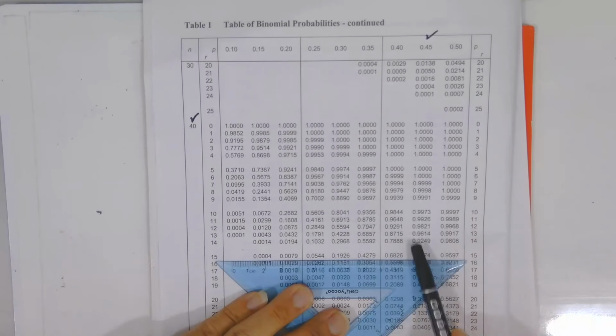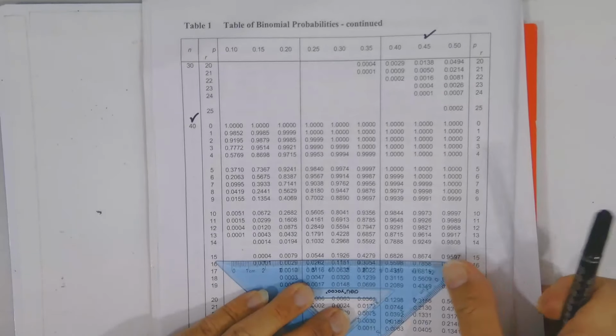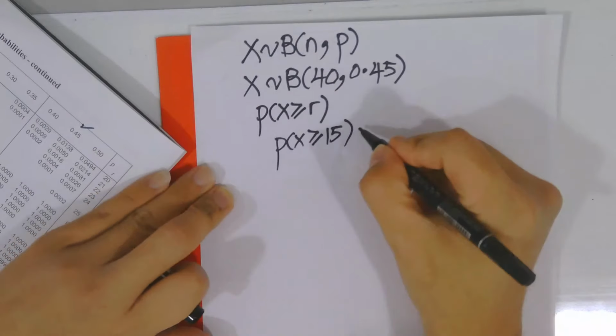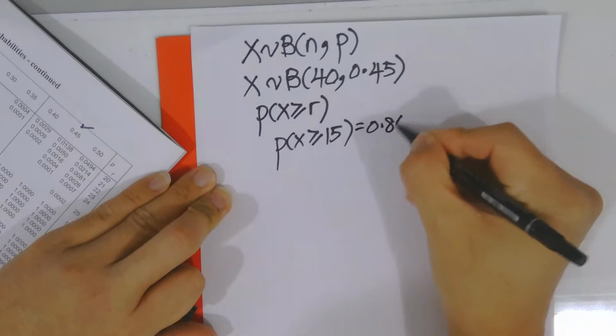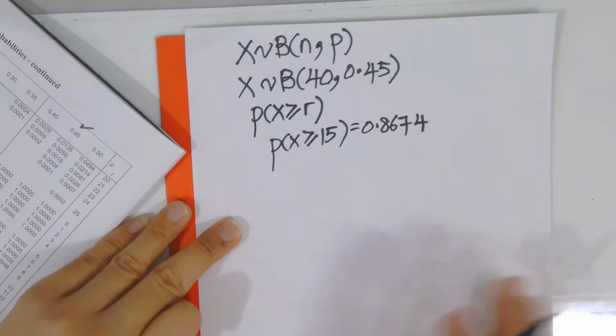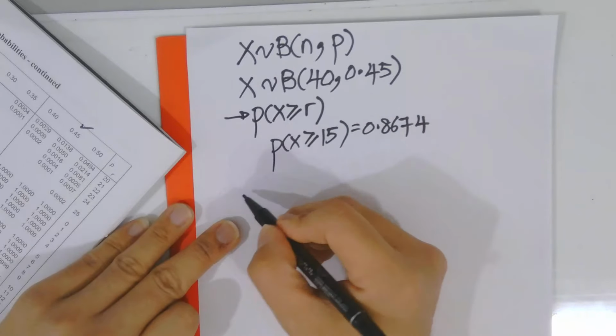In this column, the value 15 corresponds to 0.8674. So the answer will be 0.8674. Very simple, as long as the table is in this format.